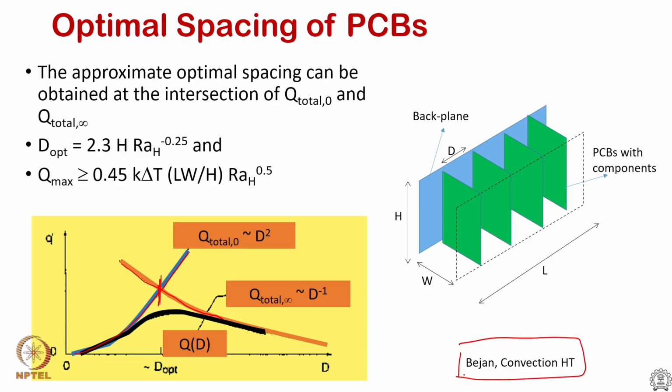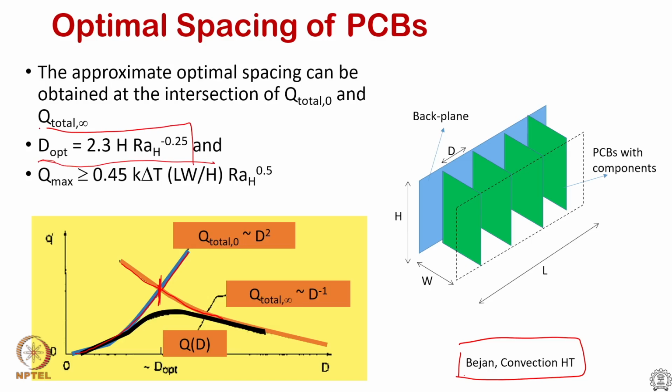And this can be shown to be true after some experiments and numerical simulation. It gives us an optimum spacing by setting the D tending to 0 limit and the infinity limit equal to each other, and we can arrive at a D optimum at that point.